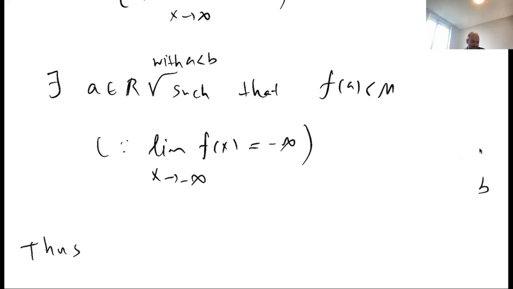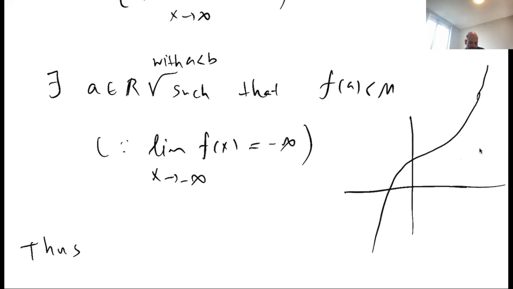So let's see, the graph of the function looks like this. Let me draw the graph, maybe it helps you. See, this is how the graph looks. So let's say b could be here as x approaches infinity.